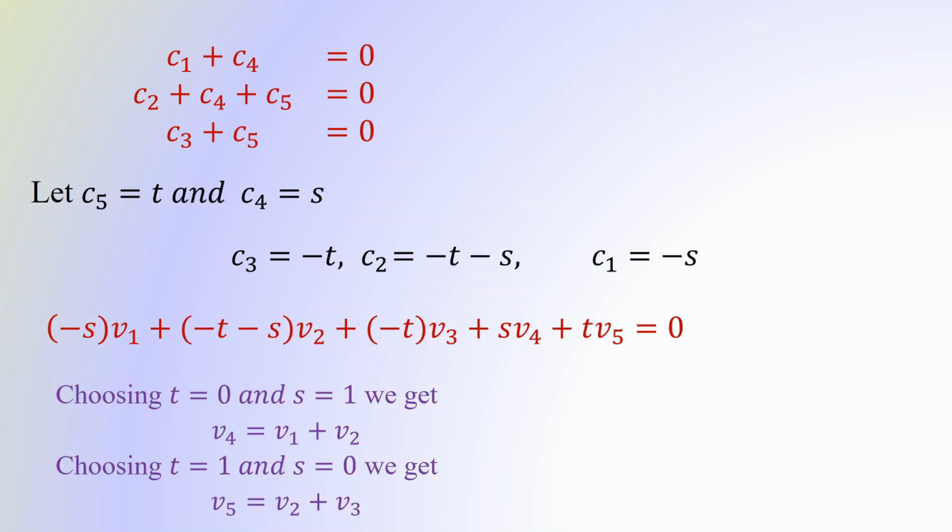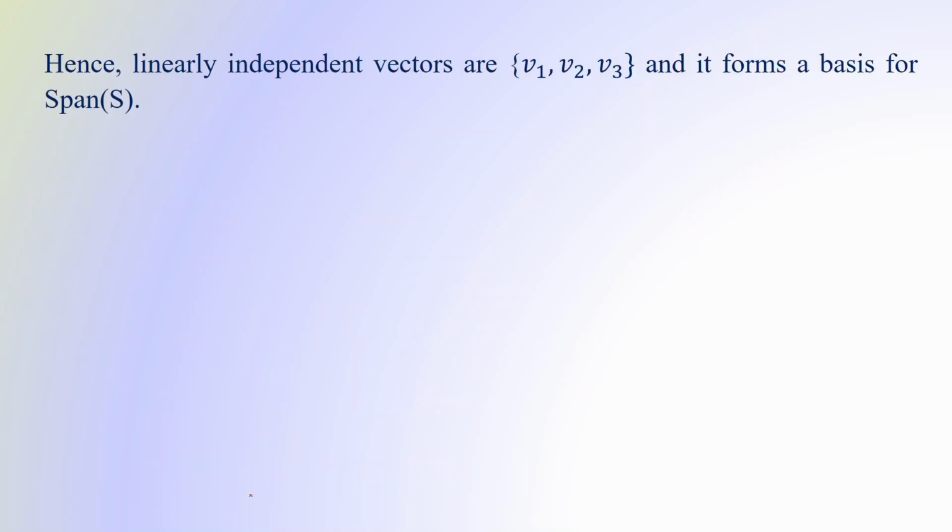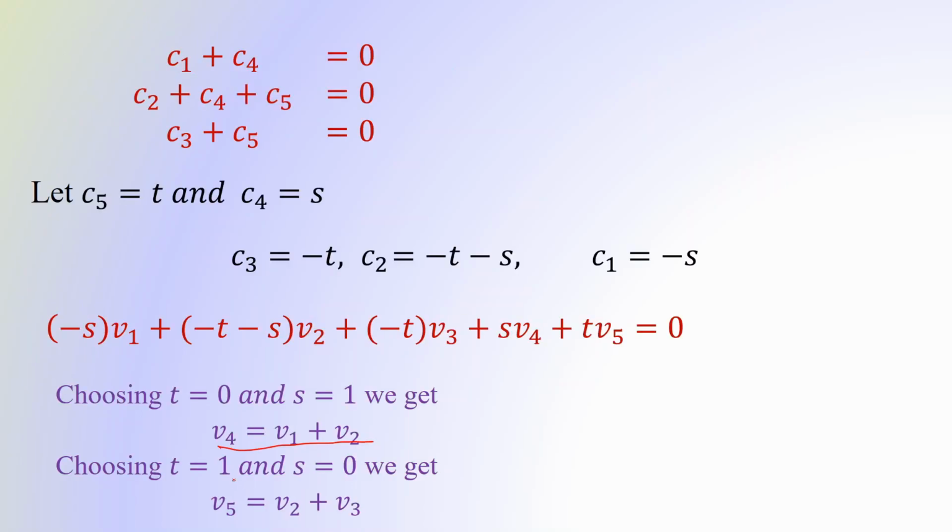Now, if you set T equal to 0 and S equal to 1, you get V4 is equal to V1 plus V2. Setting T equal to 1 and S equal to 0, we get V5 is equal to V2 plus V3.